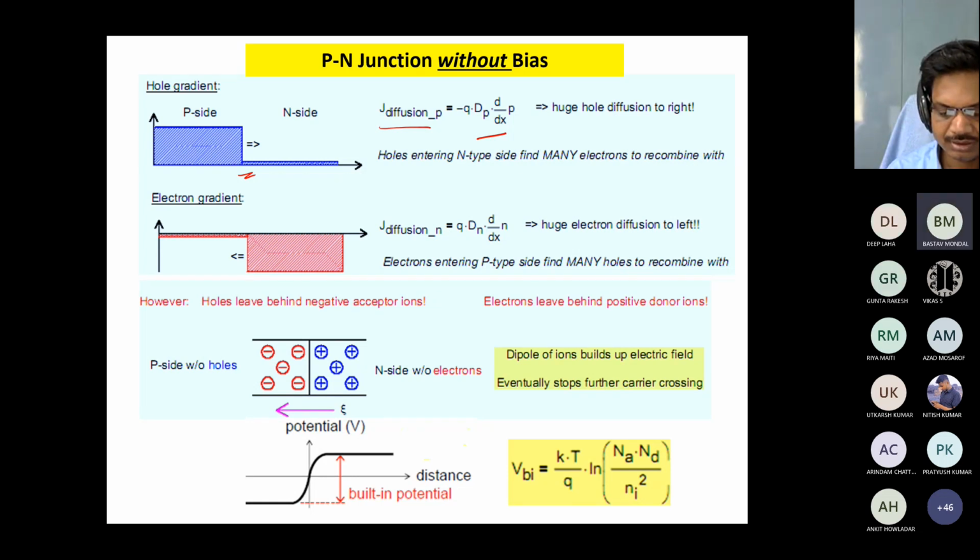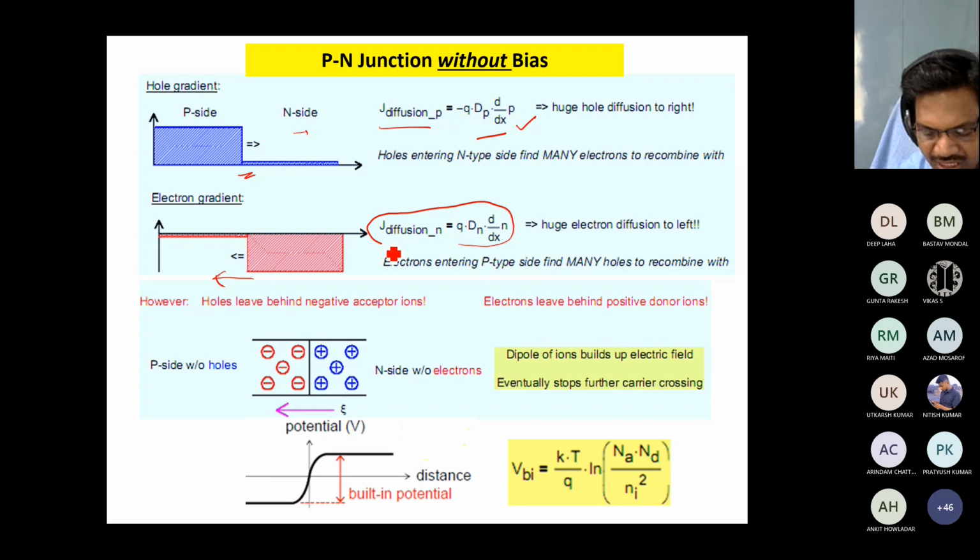Yes, sir. Okay. This is what I already told you in the last class, the diffusion effect and the diffusion current. So now holes due to diffusion are entering the p side, and similarly the electrons from n side are entering too.